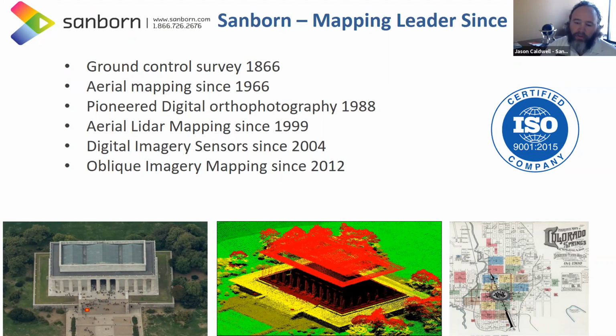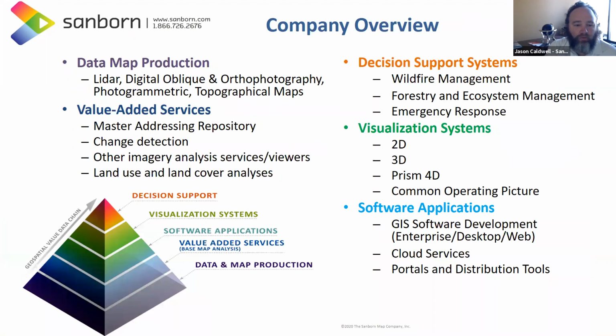And in terms of a company overview, Sanborn likes to look at our business model as a pyramid, and the base of that pyramid starts with high quality data and map production. So, ortho imagery, LiDAR, metrics, things of that nature. And as you go up this pyramid, there's additional value, right? Extracting intelligence out of the information is that value-added service component.